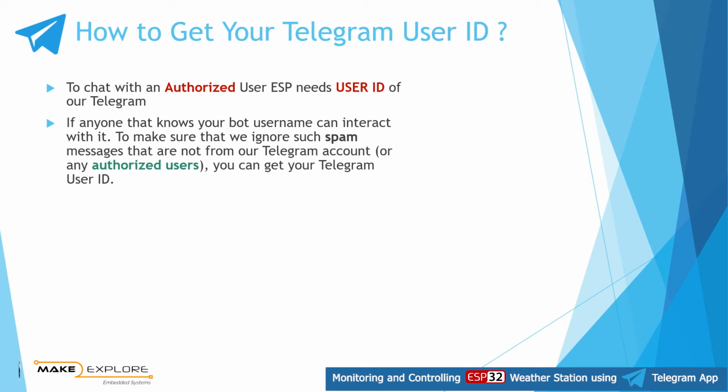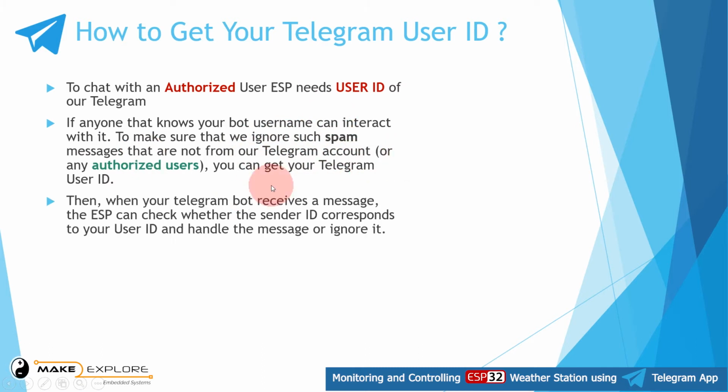If anyone who knows your bot username can interact with it, to make sure that we ignore such spam messages coming from unauthorized persons, not from our Telegram account, when your Telegram bot receives a message, the ESP can check whether the sender ID corresponds to your user ID and handle the message or ignore it. So you have to enter the ID of authorized users there.